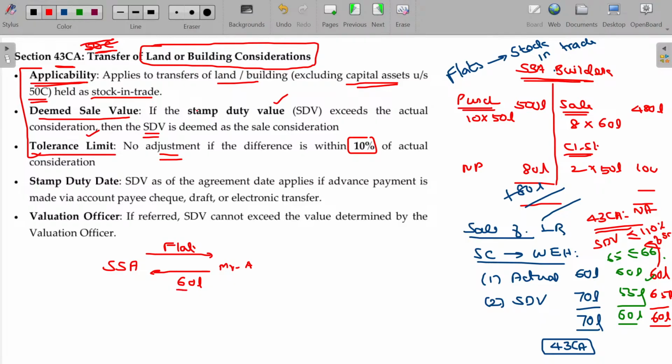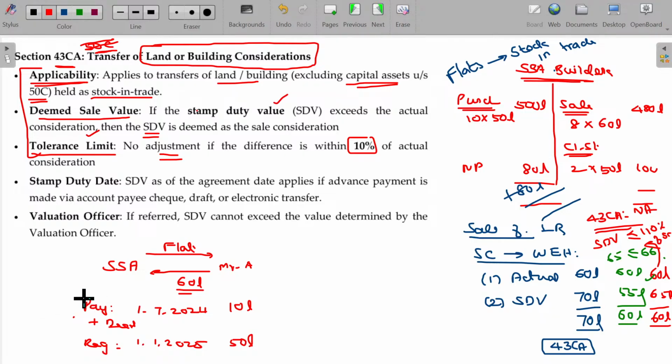But payment is made on 1/7/2024, 10 lakhs, and registration and balance payment made on 1/1/2025, 50 lakhs. Payment and registration are done, and the deed is written in this regard.